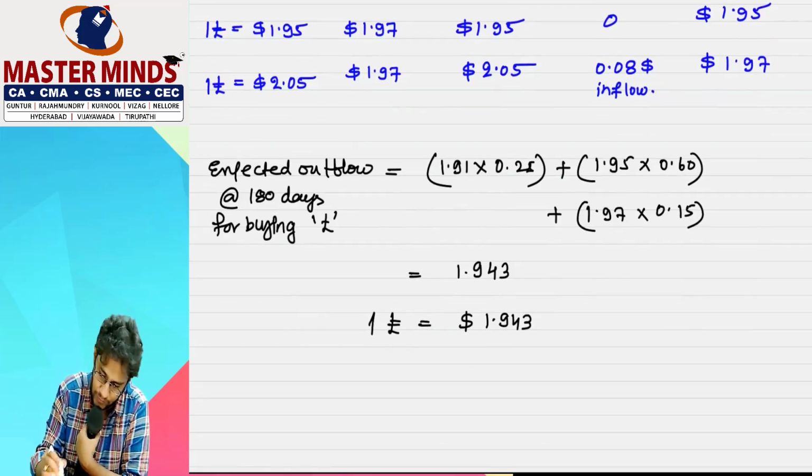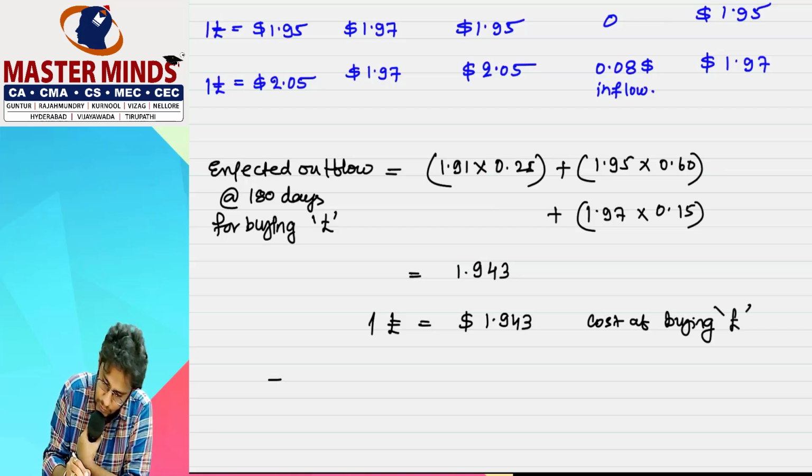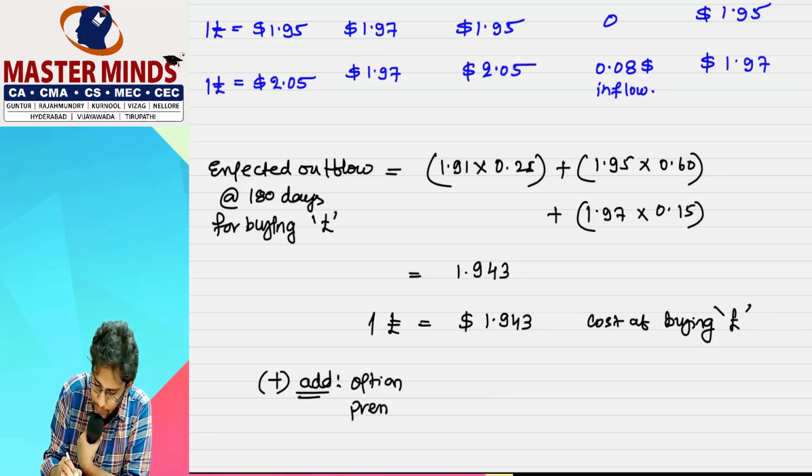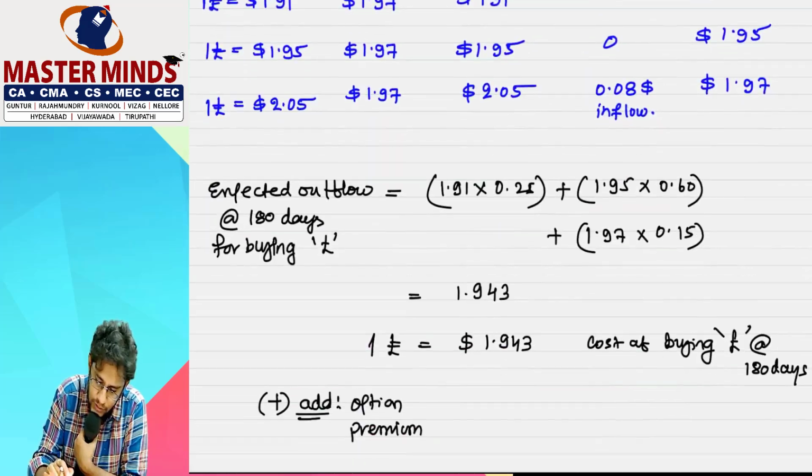So this is the cost of buying a pound. To this add the option premium. The first day you wrote something, 0.04.